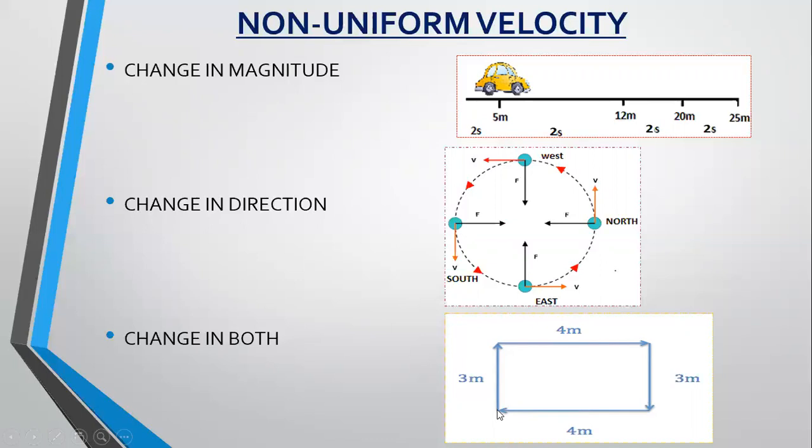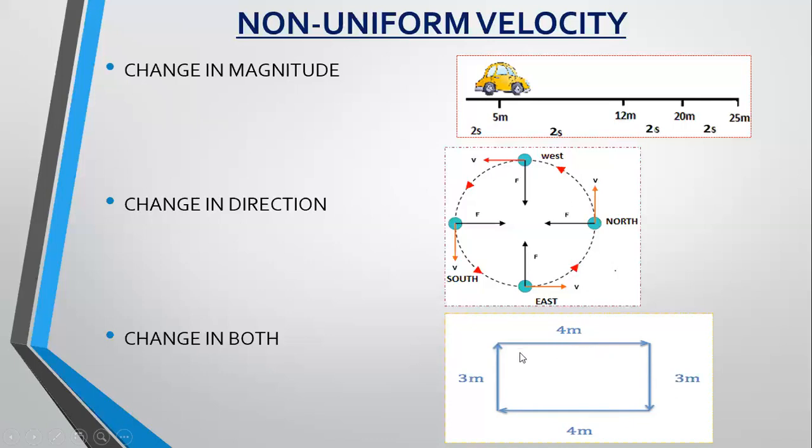Suppose you start from this point and move 3 meters towards north, then 4 meters towards east, then 3 meters towards south, then 4 meters towards west. And suppose during this journey, the time that you took was 10 seconds.